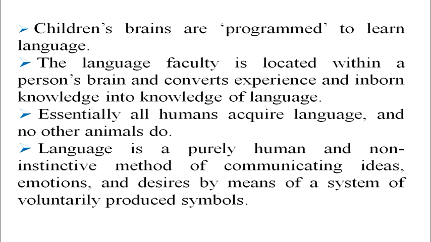The language faculty is located within a person's brain and converts experience and inborn knowledge into knowledge of language. Essentially, all humans acquire language and no other animals do. Language is a purely human and non-instinctive method of communicating ideas, emotions and desires by means of a system of voluntarily produced symbols.